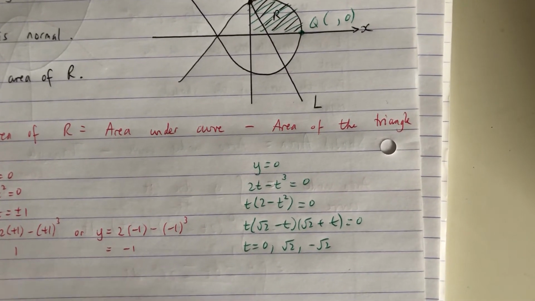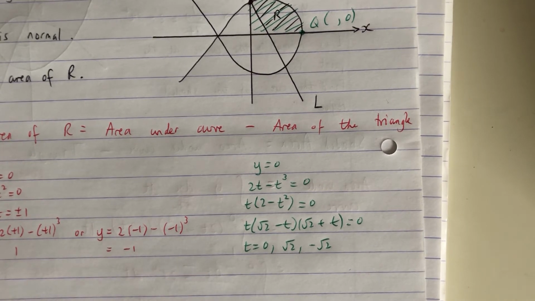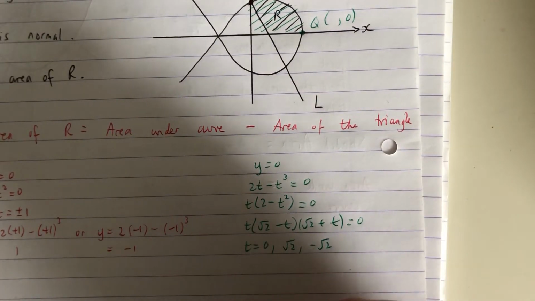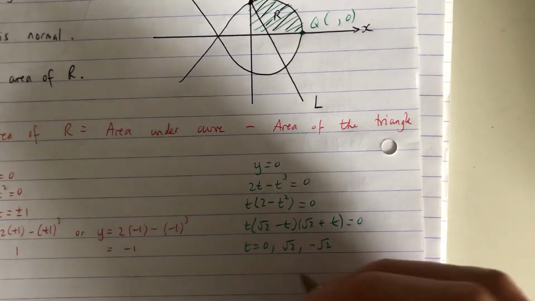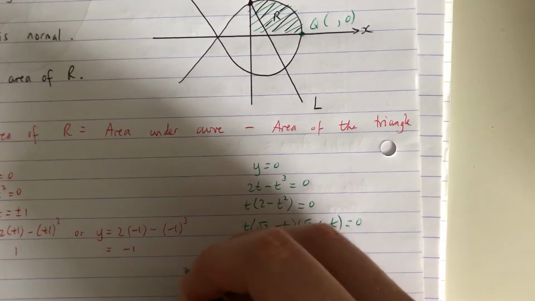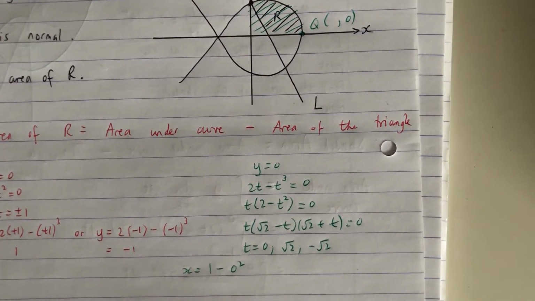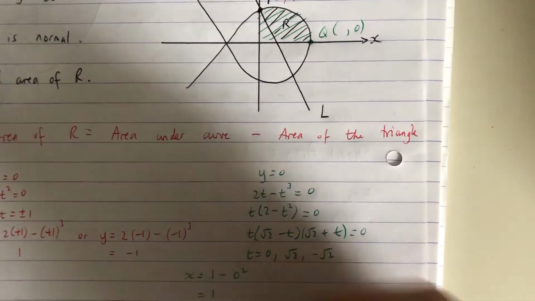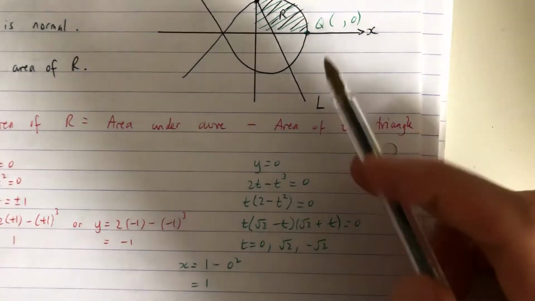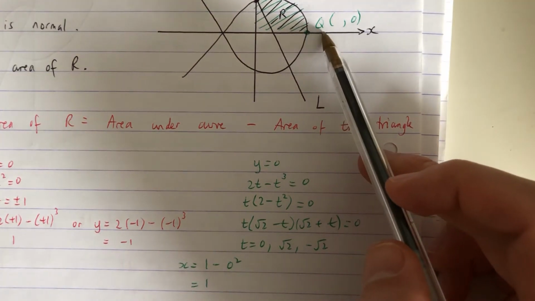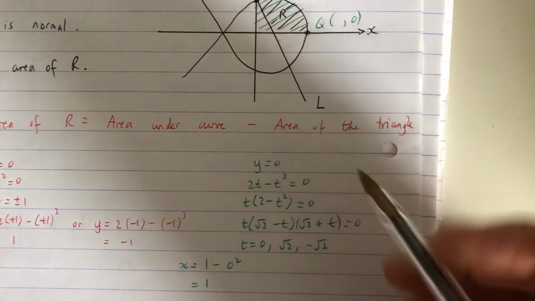But again, I don't know which one of those answers is correct, because that would be giving me every single point where the y value is 0, and in that curve above that appears more than once. So let's look at the x values. x equals 1 minus 0 squared, which is 1. That looks promising. That x coordinate needs to be a positive number, so that's probably right.